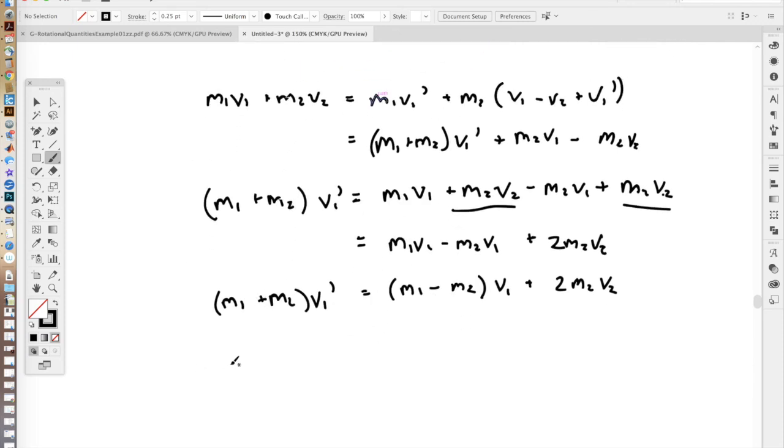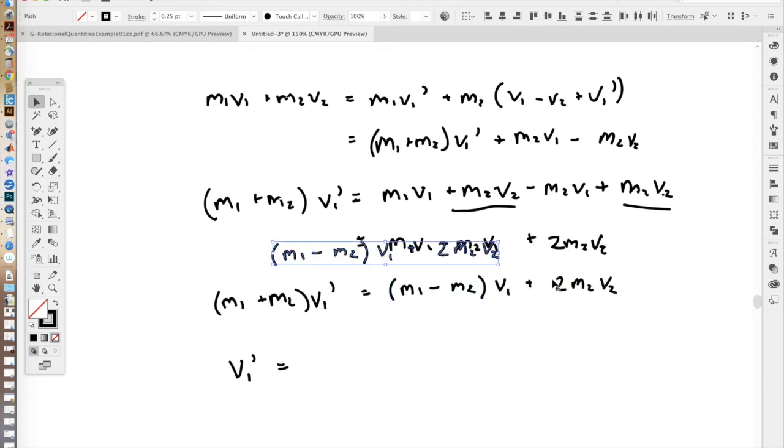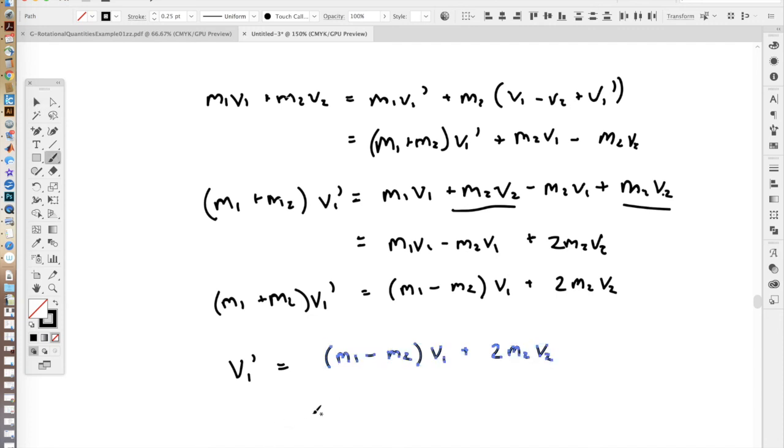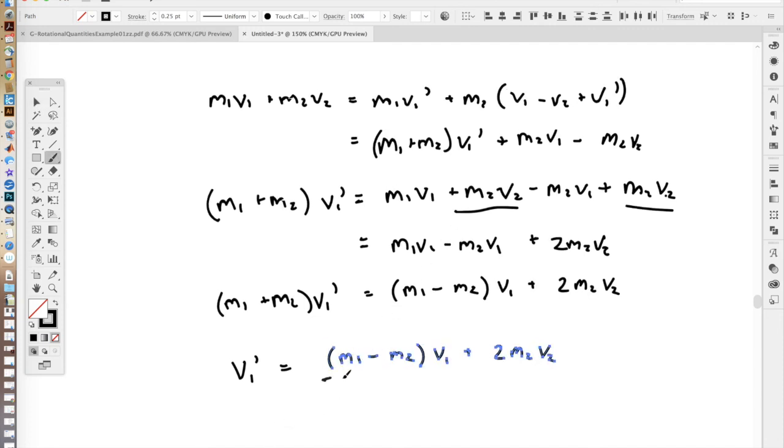So now, finally, we can take v1 prime is equal to this whole thing divided by m1 plus m2. Right? And I'm going to be lazy, and I'm just going to copy all this directly here. Divide this term by m1 plus m2, and divide this term by m1 plus m2.